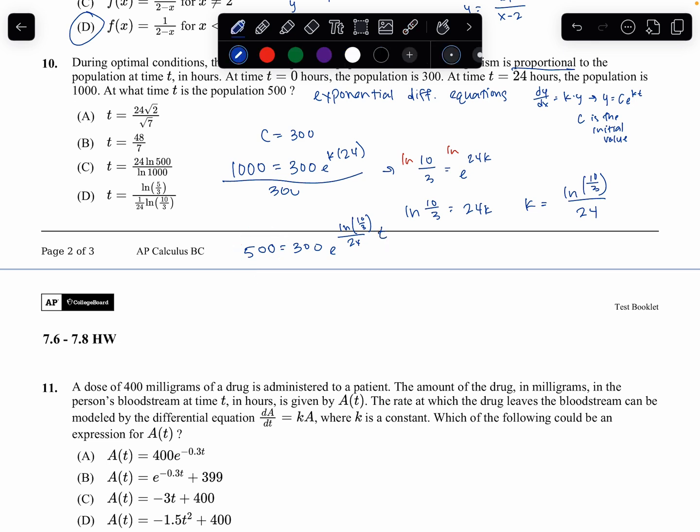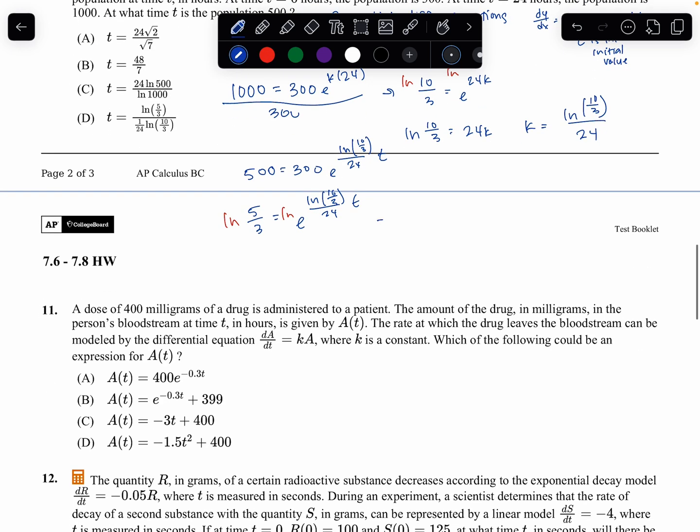So divide by 300. We'll get 5 thirds is equal to e to the natural log of 10 over 3 divided by 24, times t. Then we'll use the natural log on both sides. So this looks terrible. t is equal to the natural log of 5 thirds, but I can already tell that the answer is D because that's what it's going to turn out to be.